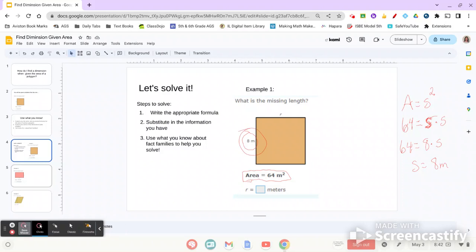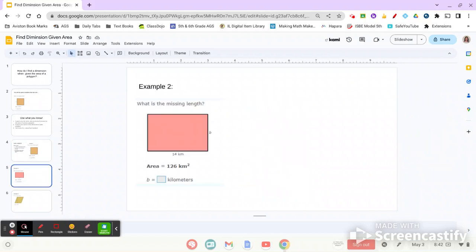Okay, next example is this one. What is the missing length? First thing we have to do is determine what shape we're working with. This is a rectangle, so we would again rewrite the formula that we're using. A equals length times width.